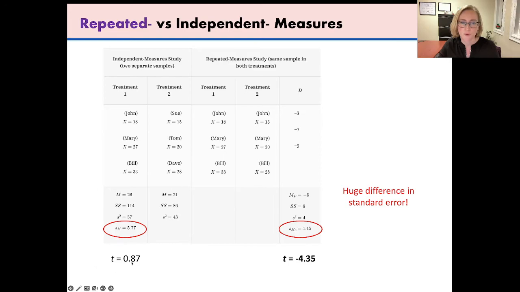Here, if we have those same 6 numbers for an independent measures t-test, our t is not significant. 0.87, in no world is that really going to be significant, where I can reject the null hypothesis. Whereas over here, same 6 numbers, but because it's treated as a within subjects design, there's less variability, therefore a stronger or more distinct shift with your treatment, right?